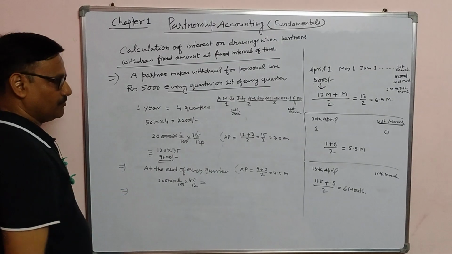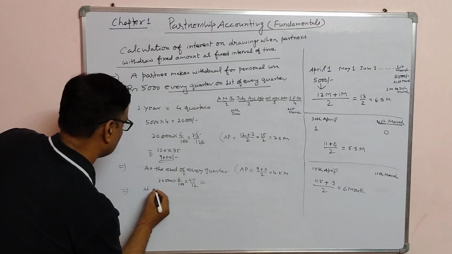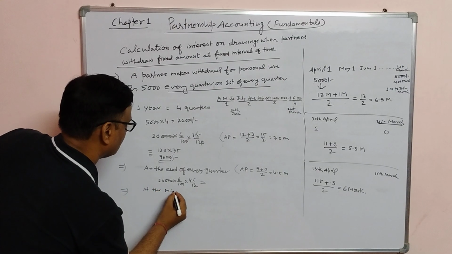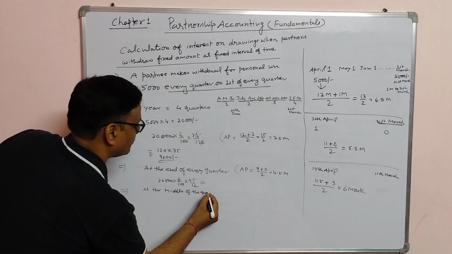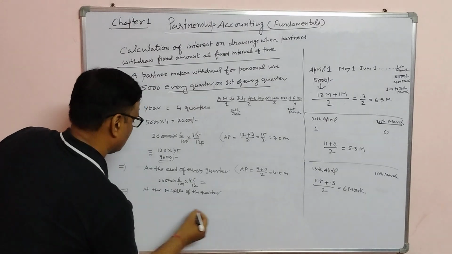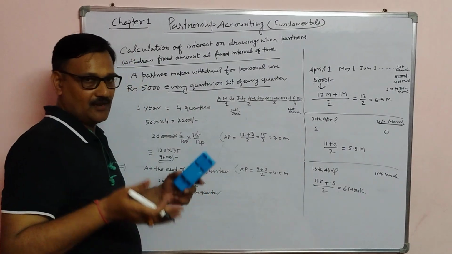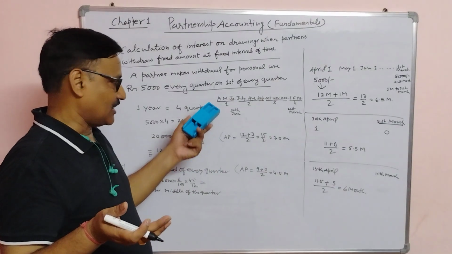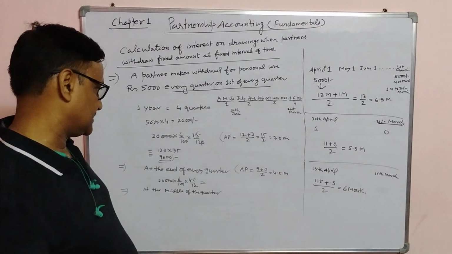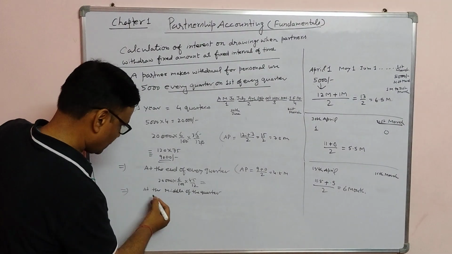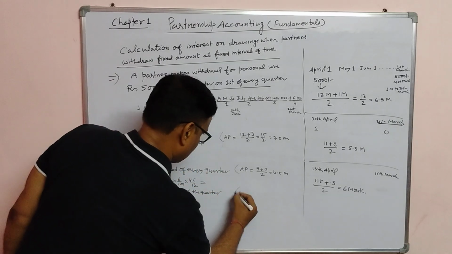सिमिलरली अगर मिडिल ऑफ द क्वार्टर में विड्रॉल किया जाता है, विड्रॉल इज मेड एट द मिडिल ऑफ द क्वार्टर. If withdrawal is made at the middle of the quarter, then what will be the case? मिडिल का मतलब हो गया चाहे वो मंथली में हो चाहे वो क्वार्टरली में हो, उसका आंसर हमेशा 6 मंथ ही आना है. लेट अस कैलकुलेट एंड सी. एट द मिडिल ऑफ एवरी क्वार्टर, so let us calculate the average period.